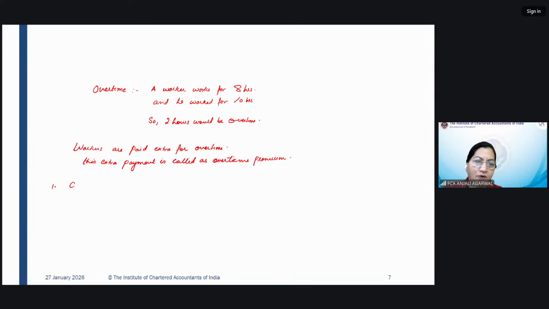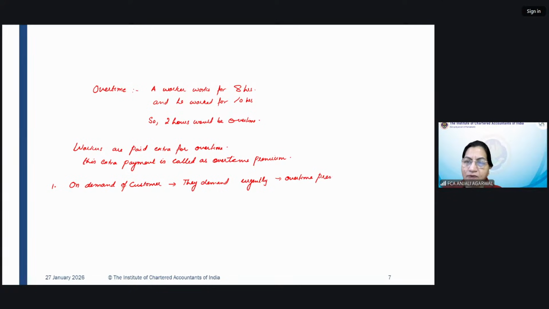Sometimes it could be on demand of customer. So whatever you are manufacturing, you are doing your usual volume of work, but some customer comes on an urgent basis that they want extra units. So when customers demand urgently on a priority basis that they want some goods, in that case, the overtime premium can be charged as a direct cost and customer will bear this cost.